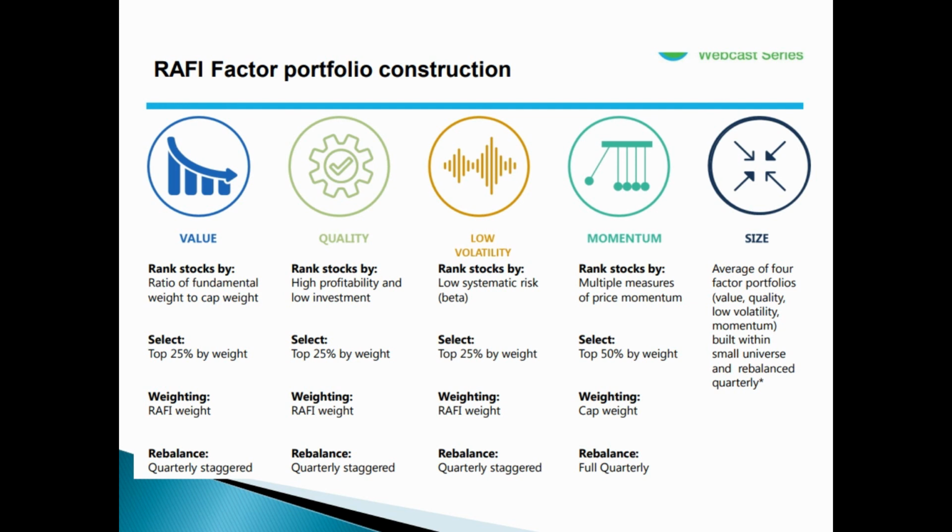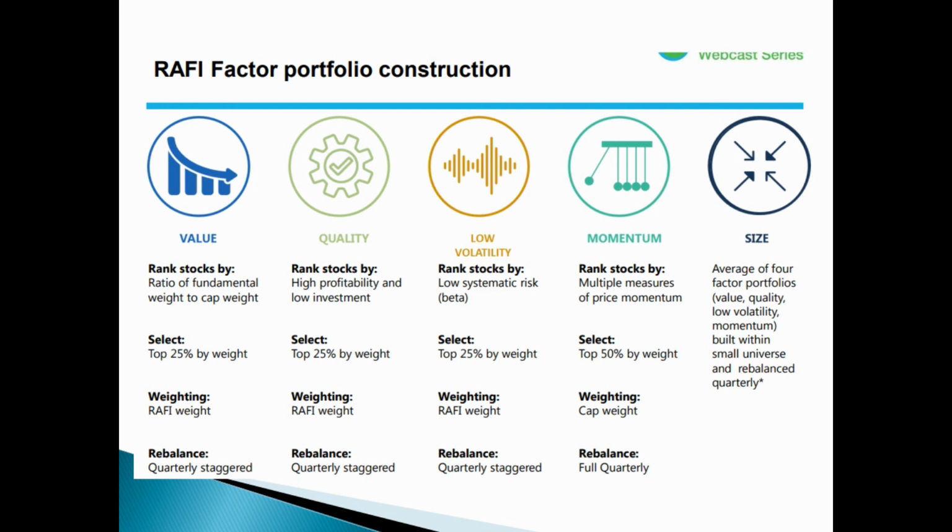And then within each one, let's just take the value factor, it would first select the top 25% of stocks that are value stocks by this value factor, and do a similar thing in quality or low volatility. But then it can also adjust this somewhat based on some market conditions.